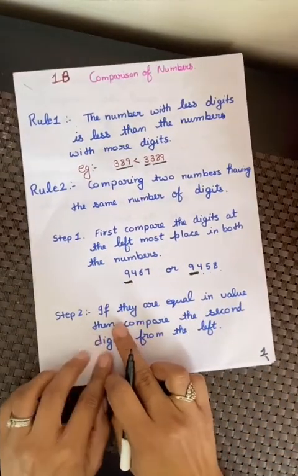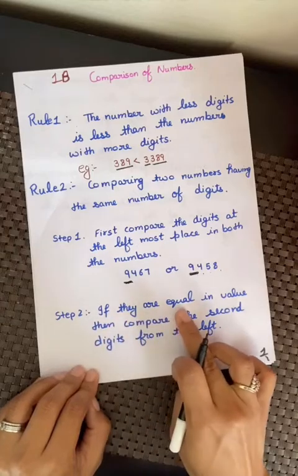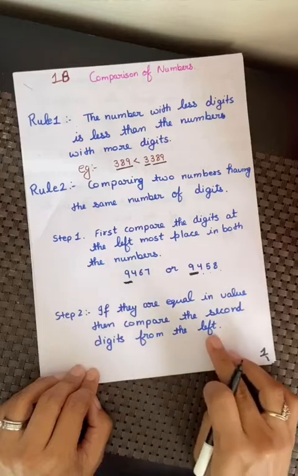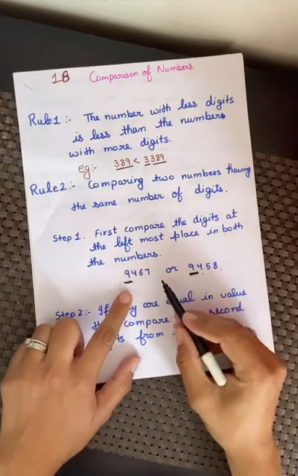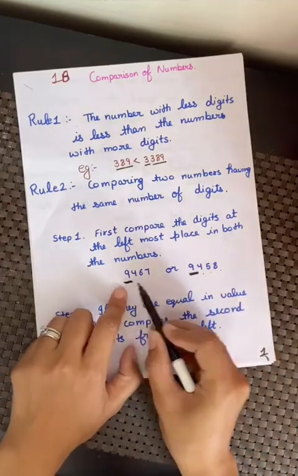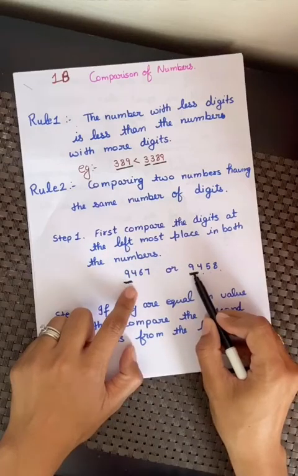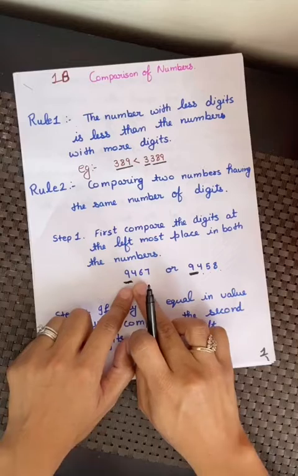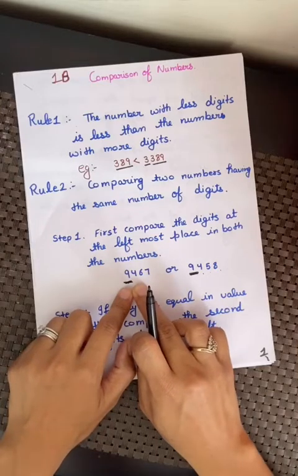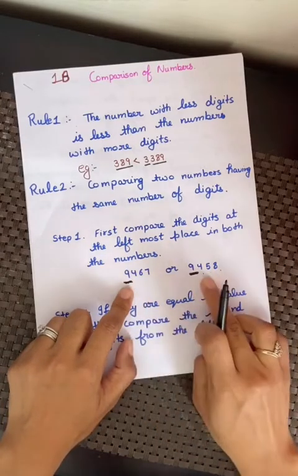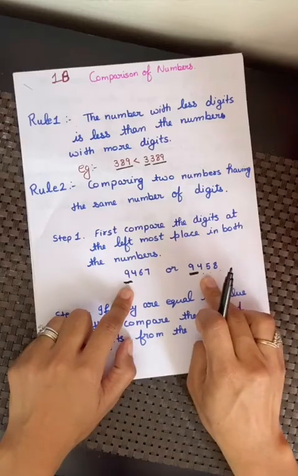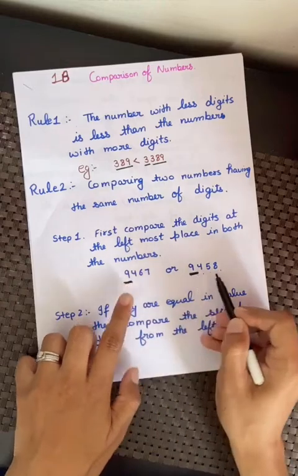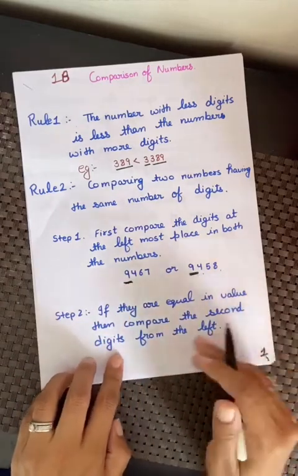The second step is if they are equal in value, then compare the second digit from the left. Suppose here we get 8 and here 6, then we can conclude that the number with 8 is the greater number. But here 9 is the same in both.